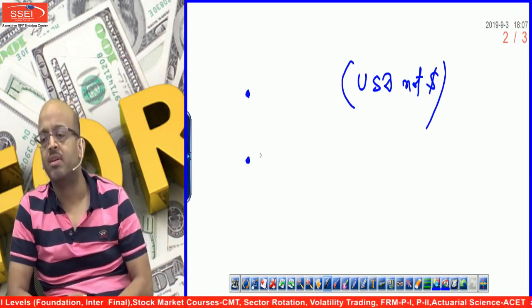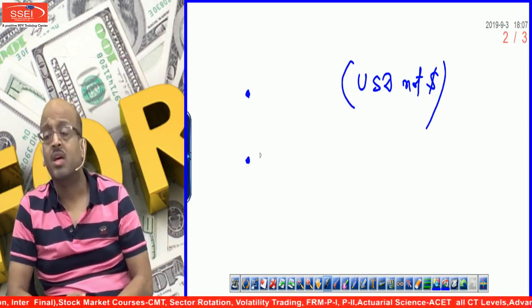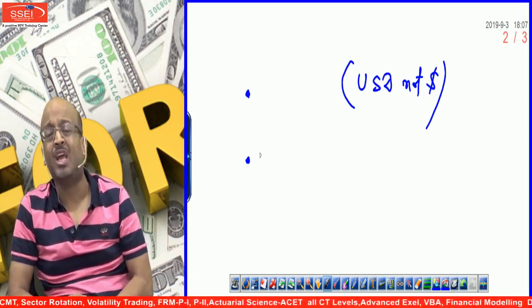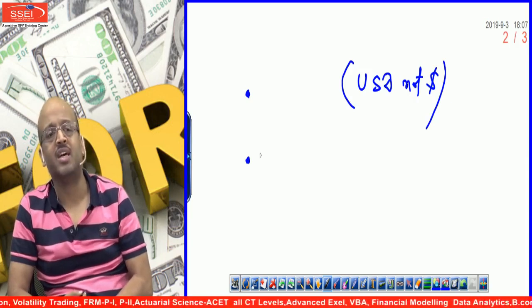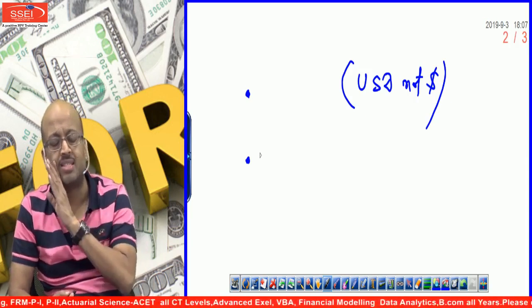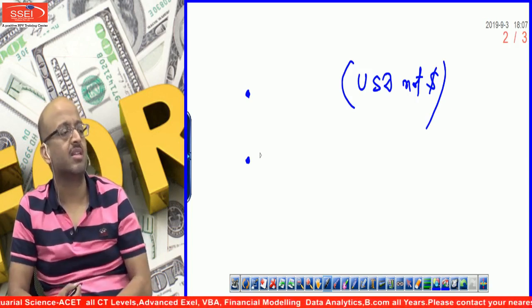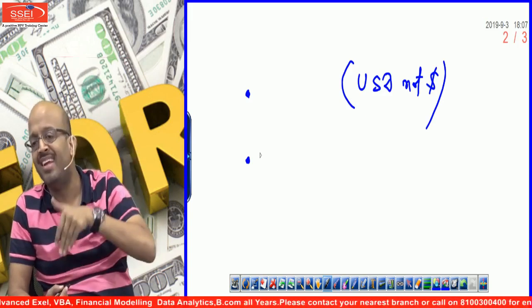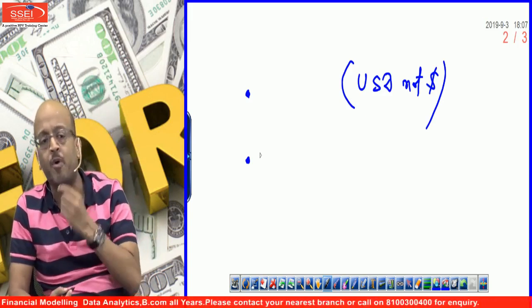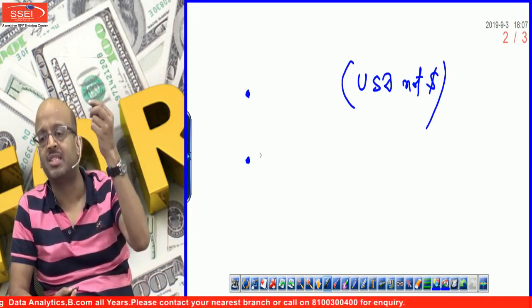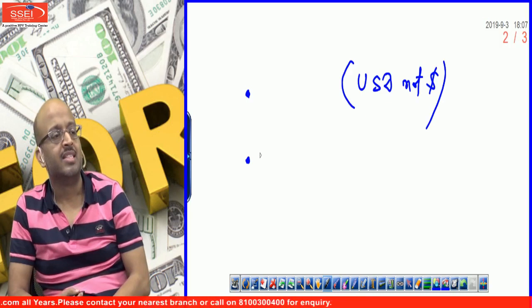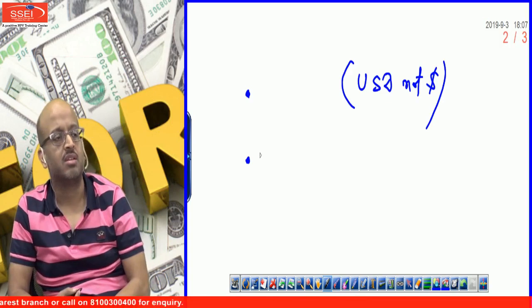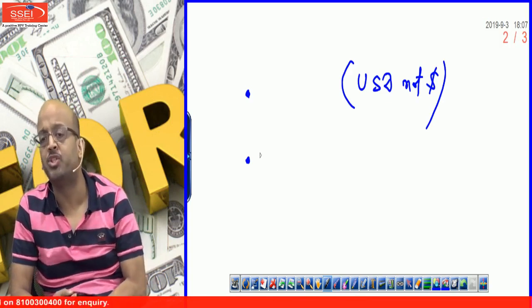You need to be aware of the following sequence of popular currencies, from the most precious to the least precious.